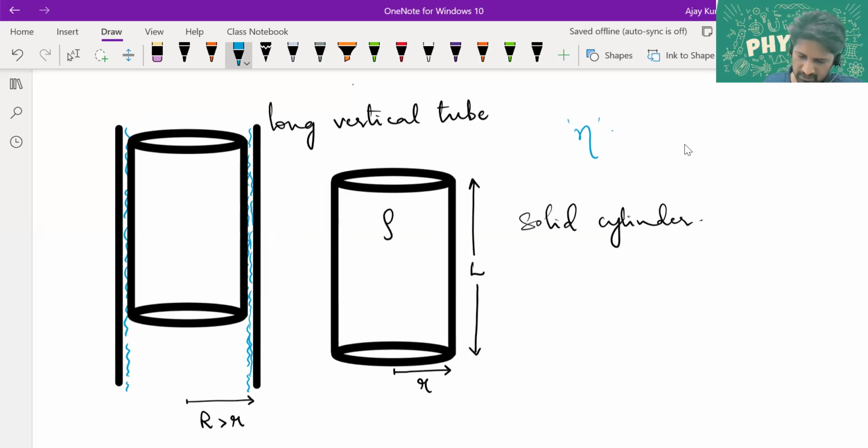Based on your imagination, can any of you tell what will happen after this cylinder is released inside that long vertical tube? The vertical tube is stationary, fixed. If you release this cylinder inside that long vertical tube, what is going to happen?